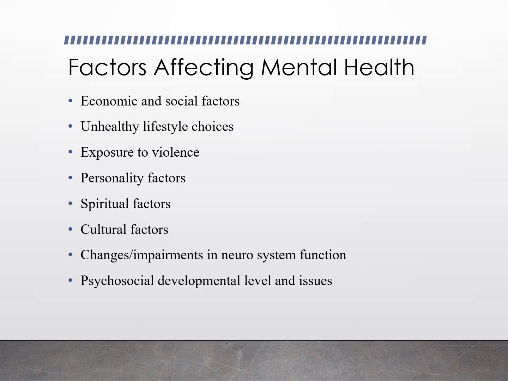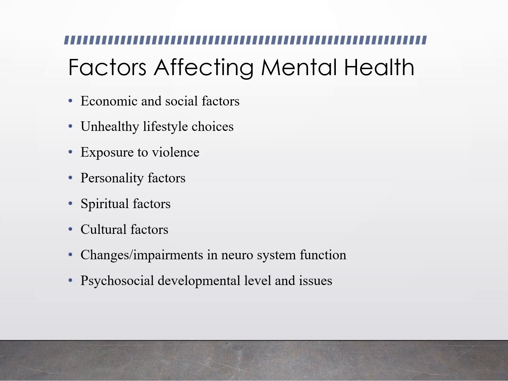So some of the factors affecting mental health can be economic and social factors, maybe some unhealthy lifestyle choices, including substances, any history of exposure to violence, personality, spiritual, cultural, that exposure in their environment and family. Any changes or impairments in the neurosystem can present as some mental disorders.